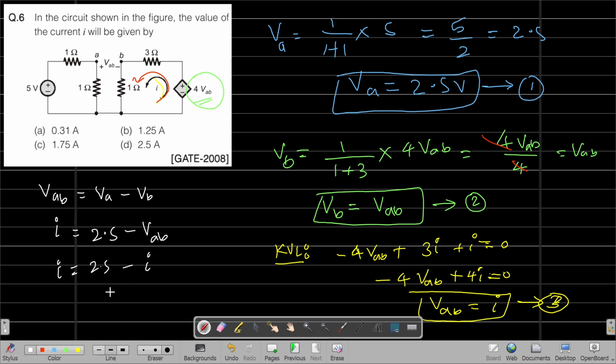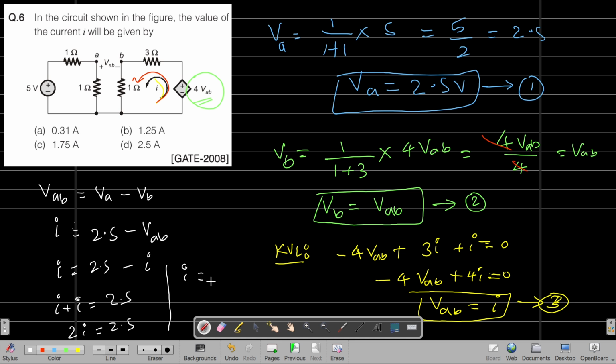So I equals 2.5 minus I, and if we move minus I to the left side, it gets added: I plus I equals 2.5, and it becomes 2I equals 2.5.